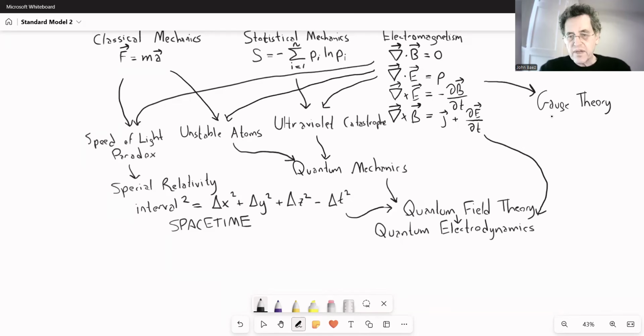In particular, it turns out that the electric field, well, let me do the magnetic field first. The magnetic field is not really the fundamental thing. It's really the curl of some more fundamental field called the vector potential, written as A. It's a vector field that we call A, or the vector potential.